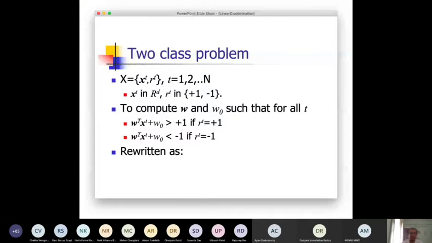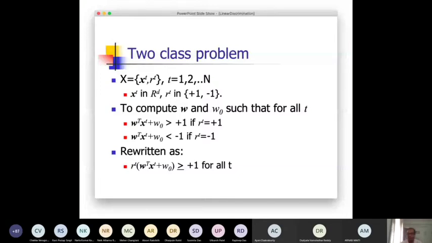But the form of the constraint can be written like this: you simply multiply the label with the functional value, and that value should always be greater than or equal to +1. Any question? Do you agree?